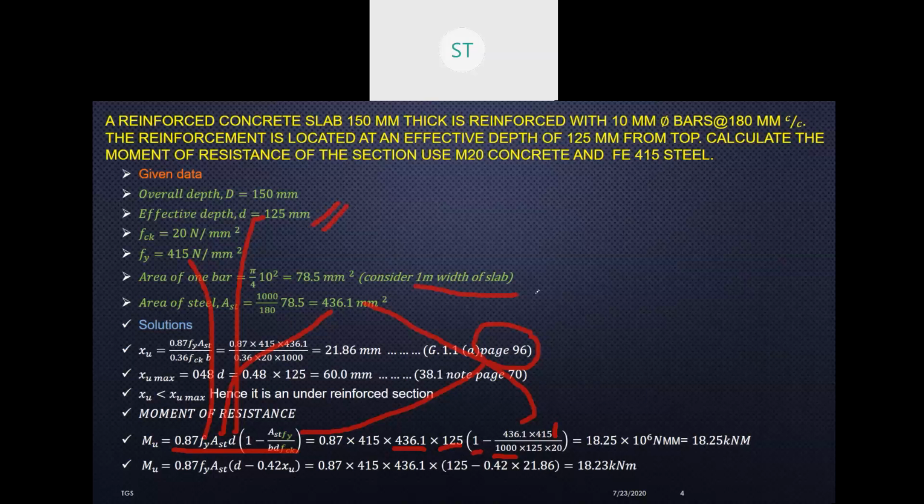So this is 125 and FCK is 20 Newton per millimeter square. So substitute 20. Now solving this equation, we get the value 18.25 into 10 raised to 6 Newton millimeter. Convert this Newton millimeter to kilonewton meter, 18.25 kilonewton meter.